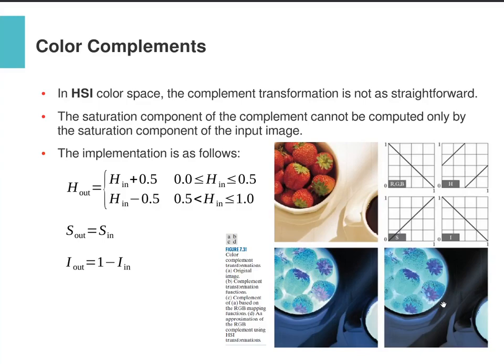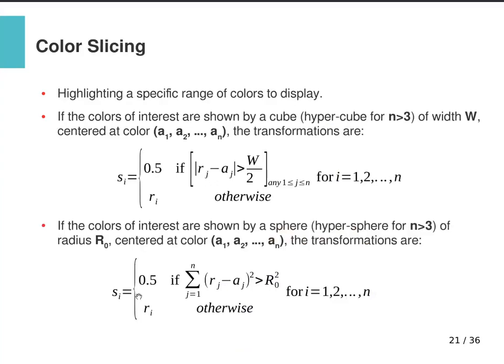Of course, there are some differences between them as well, and the reason for that again is because the saturation component cannot be directly calculated only from the saturation component of the input image. So in terms of accuracy, you can say calculating color complement in the RGB model is more accurate, but visually speaking, there is not that much difference between the results.